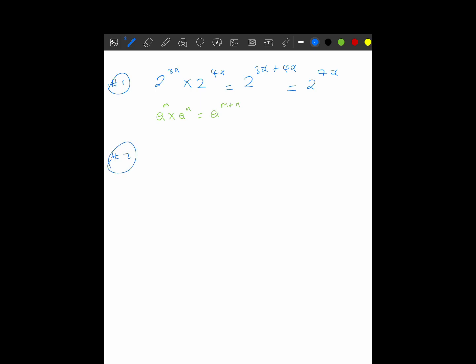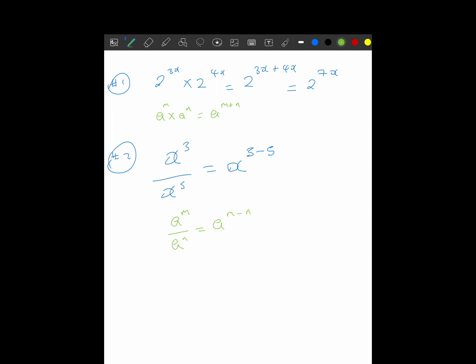I'm going to give you another one. Let's say you got x power 3 divided by x power 5. Look, bases are the same, so I write the base. And you're dividing, so you're going to minus the exponent. That's going to be 3 minus 5. You're minusing the exponent because of this rule: if you have a power m divided by a power n, this is going to be m minus n.